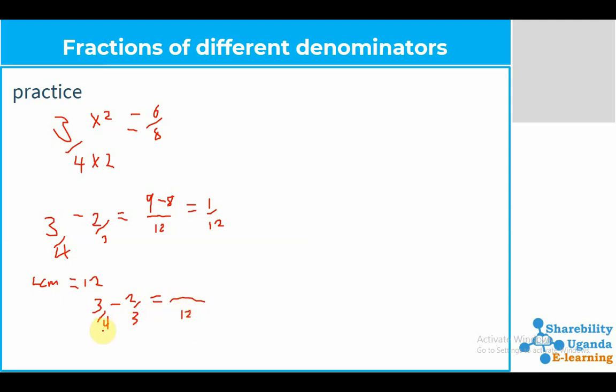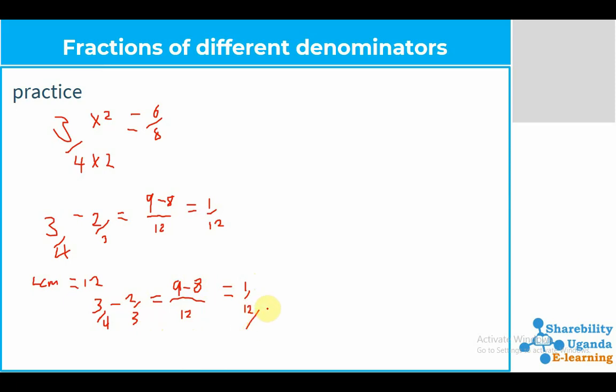Then 12 divided by 4, our answer is 3. What is 3 times 3? Our answer is 9. Then 9 minus what is 12 divided by 3? Our answer is 4. 4 times 2, our answer is 8. So you can see that we are getting the same answer, which is 1 out of 12.